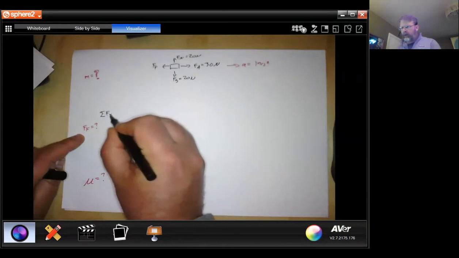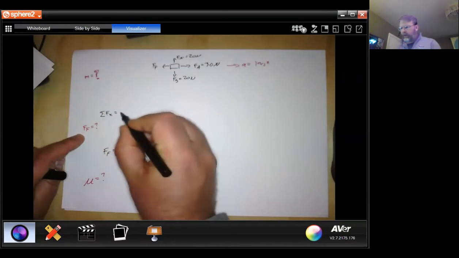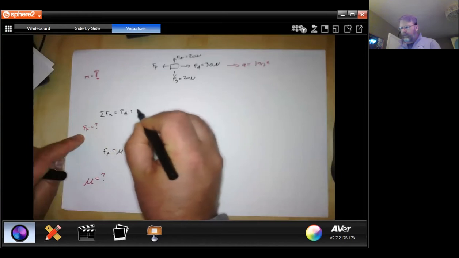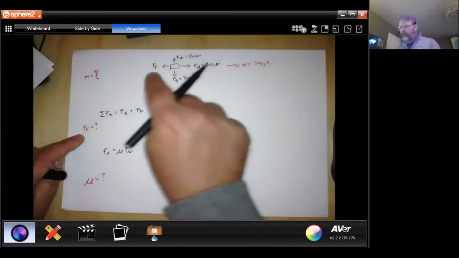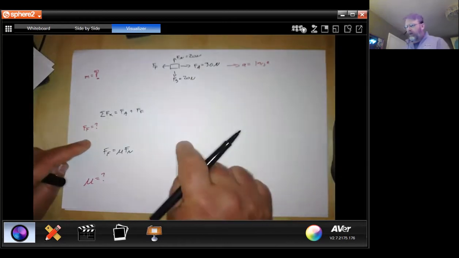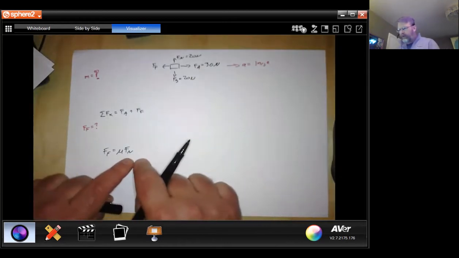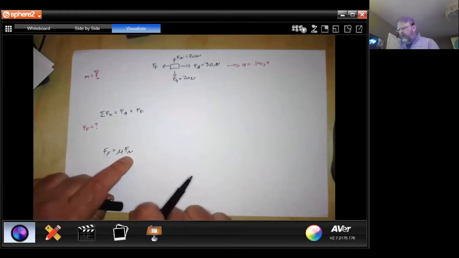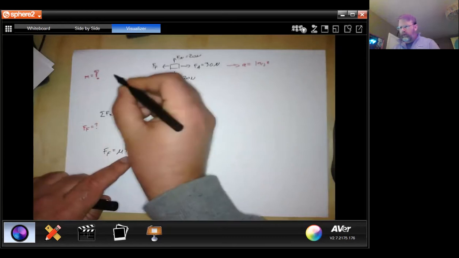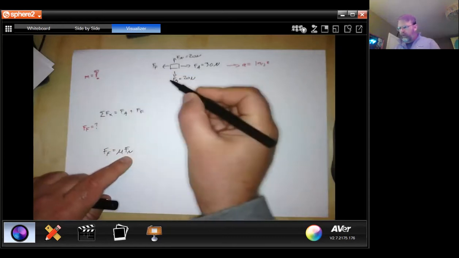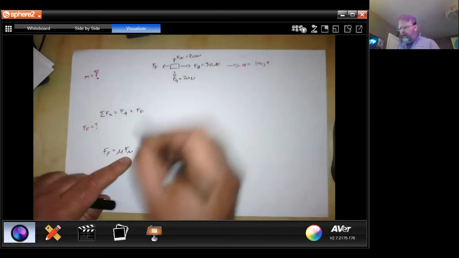Well, in order to solve for the force of friction, we're going to have to do the sum of the forces in the x. So those are our forces in the x. But we're also going to have to solve for our force normal, which we have.